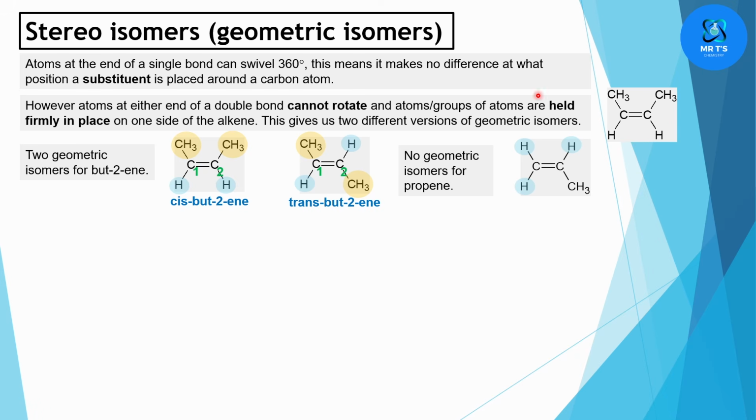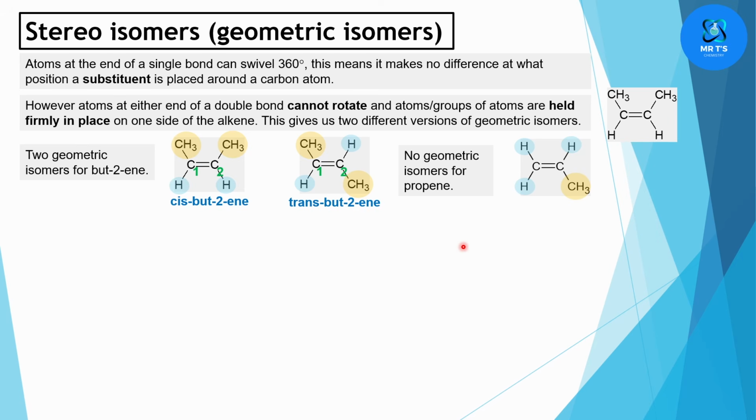However, because on the left-hand side the carbon has two atoms that are the same, it cannot be a geometric isomer. We can't have a cis arrangement and a trans arrangement, because the hydrogens are in a trans arrangement, but they're also in a cis arrangement. So there's only one version of this that we can draw. It can't be geometric isomers.